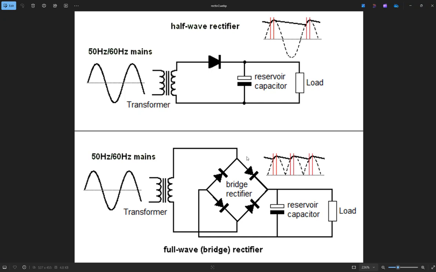But eventually, the goal of this kind of combination is first you have an AC signal, could be from the power outlet or from somewhere else, but eventually you step it down or step it up depending on the application to the range that the peak voltage is very similar to the required DC voltage.